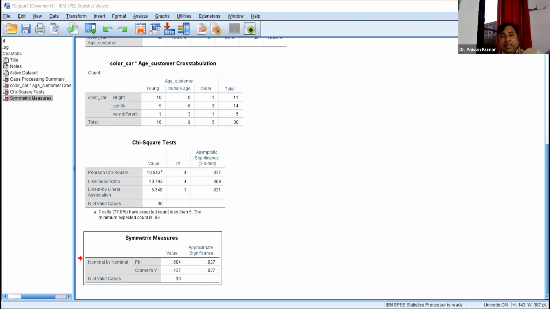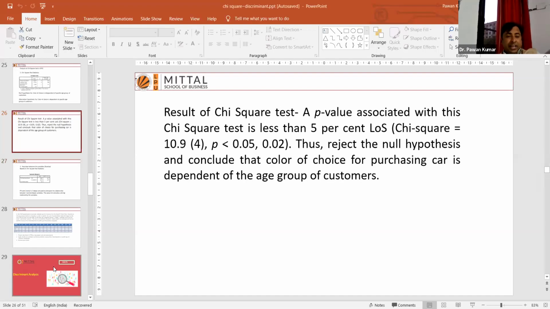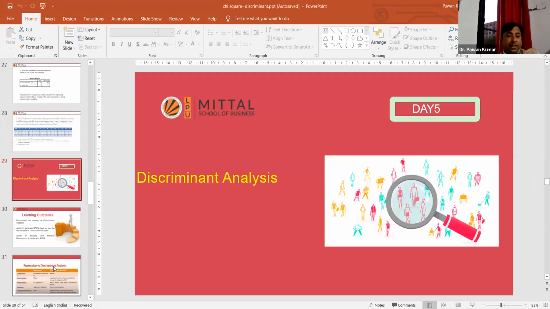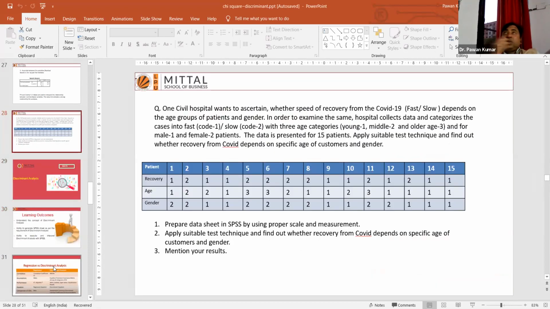Now let us cover discriminant analysis. Discriminant analysis is also a very good technique, a multivariate technique, and one of the best. I applied it in one of my research papers, and it got published. Even my PhD student, Dr. Harpreet, did a study on MSMEs and e-commerce adoption.